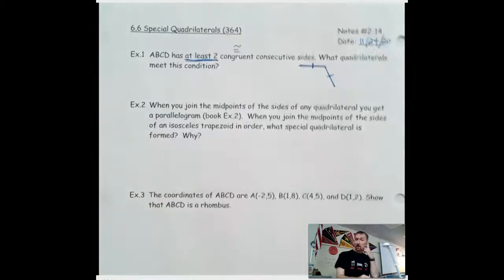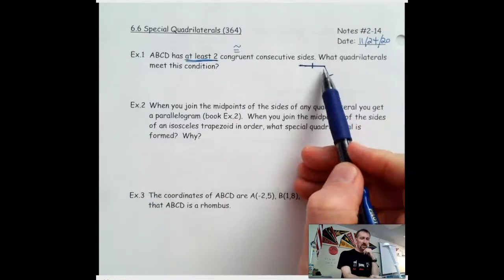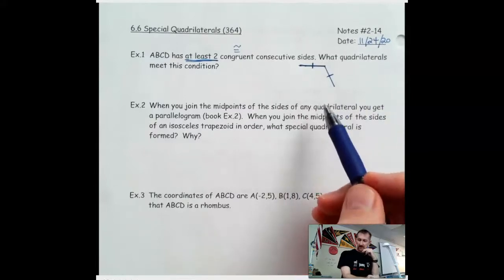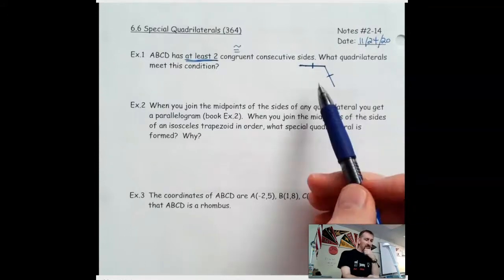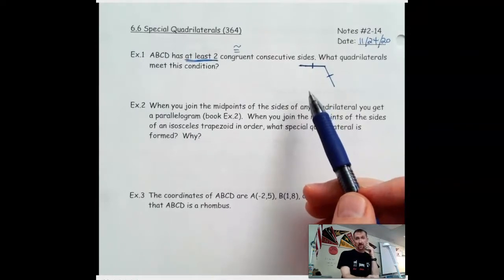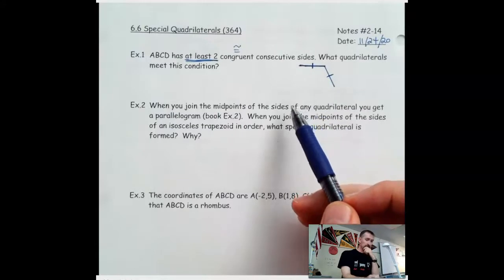So here's a possibility, two congruent sides in a row. So what other quadrilaterals? Now we can move this, we can change this angle right here. So if you think about it, what possibilities could we have? It might be helpful to just think of all of them. So the first one would be a parallelogram.